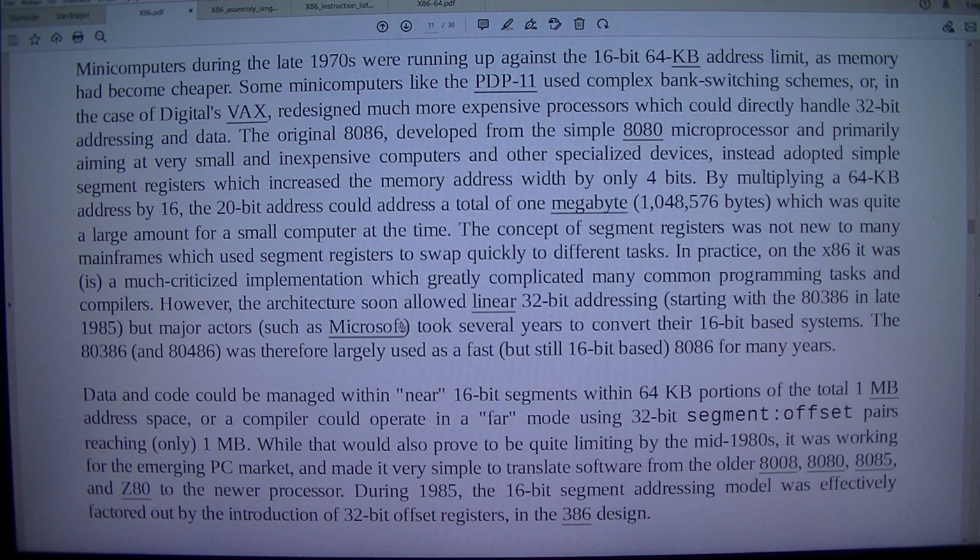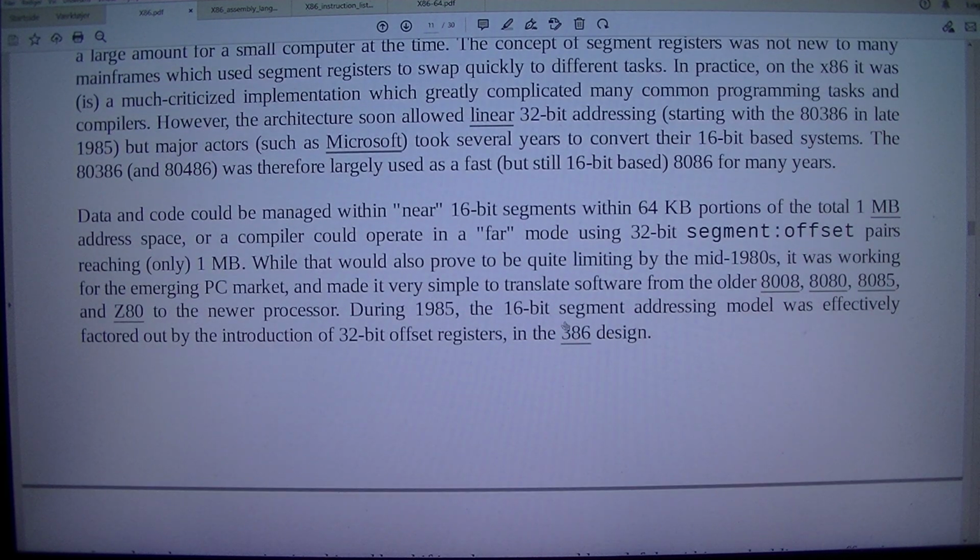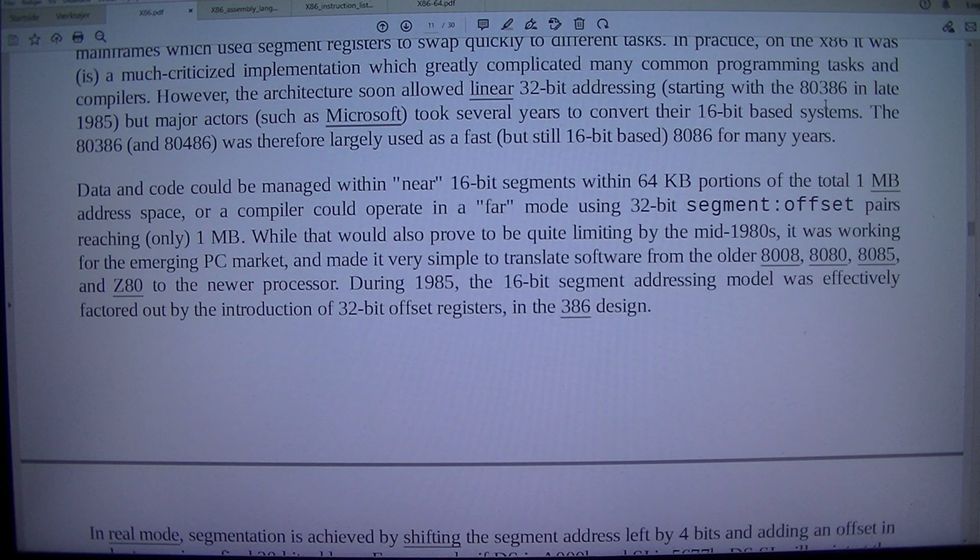However, the architecture soon allowed linear 32-bit addressing, starting with the 80386 in late 1985, but major actors, such as Microsoft, took several years to convert their 16-bit based systems. The 80386 and 80486 were therefore largely used as a fast, but still 16-bit based, 8086 for many years.